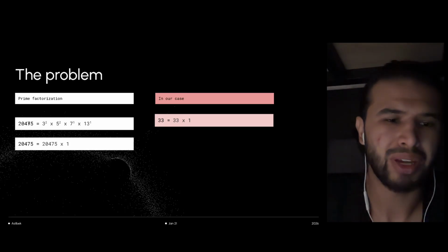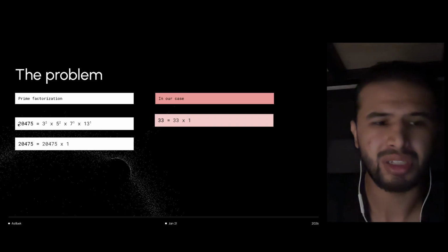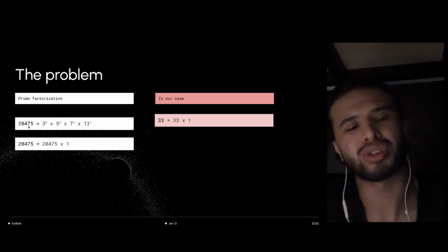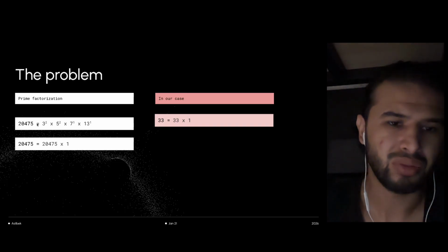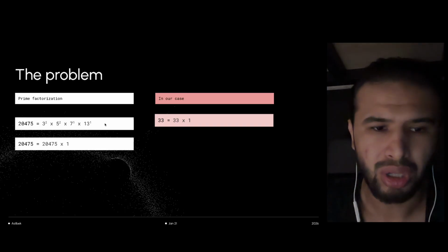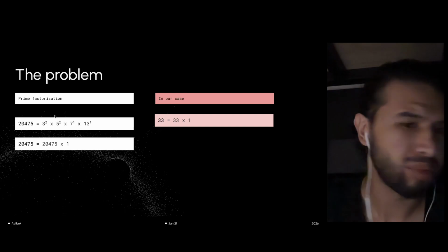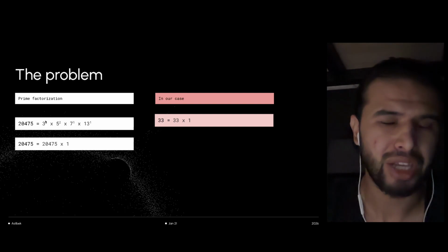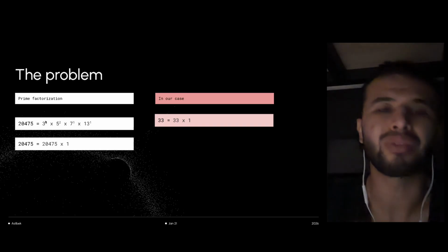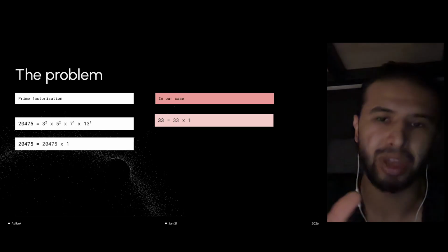For example, let's say this number, 20,475, can be the multiplication of all of these, or of these two, or of 3 times 9, or there are a lot of variations, so it's hard to know which of them.